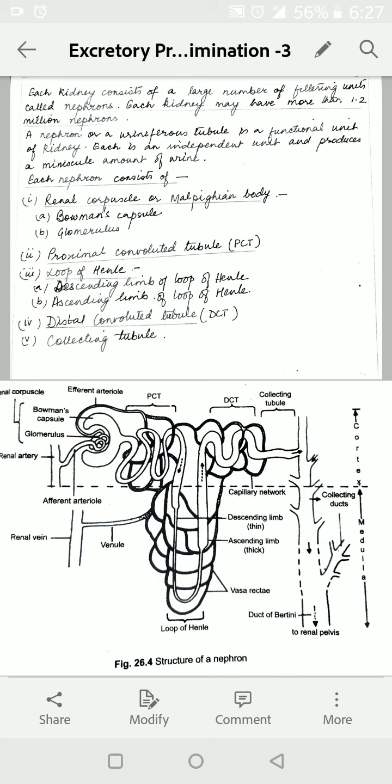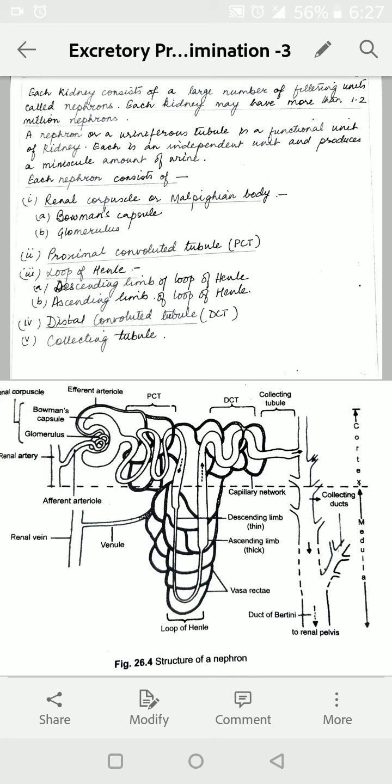Now the glomerulus is a network of capillaries. It receives blood from the renal artery, as you can see in the diagram, through a branch which is called afferent arteriole.